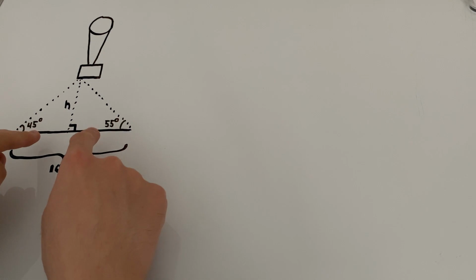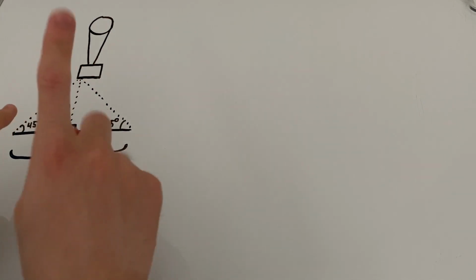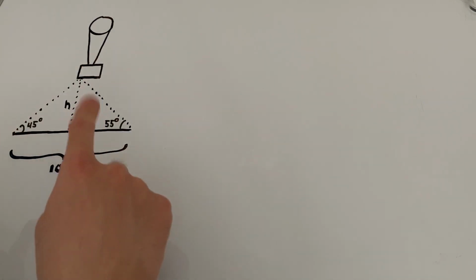but we don't know how this distance of 100 is split up. We can't just assume that it's split 60-40 or 70-30, 45-55. So since we don't know how it's split up, but we need to do something in order to make progress, let's go ahead and label this unknown length x.